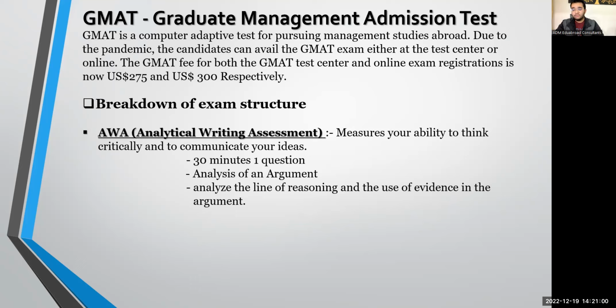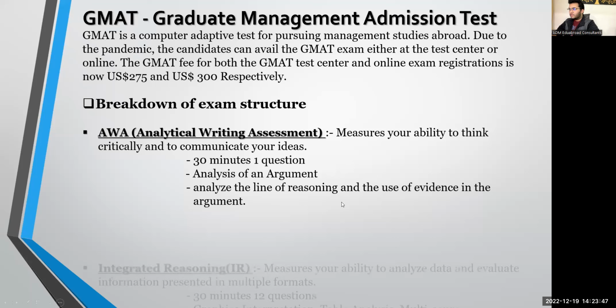And lastly, provide relevant examples which support the argument or the reasons. So these are the things that show how you can structure your AWA section. The next section we'll be talking about is integrated reasoning.